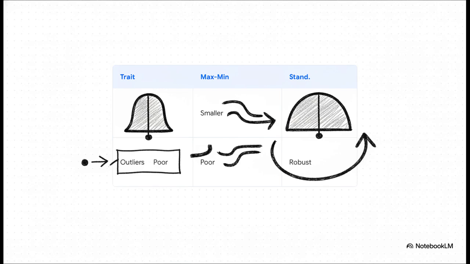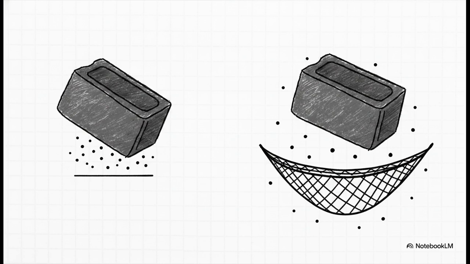So why exactly is that? Well, this is basically the ultimate kryptonite for max-min normalization. Since you are forcing every single data point into that incredibly strict interval between 0 and 1, think about what happens when you hit a massive outlier. Let's say just one person in your dataset happens to have a salary of $10 million. Boom, that $10 million becomes your 1.